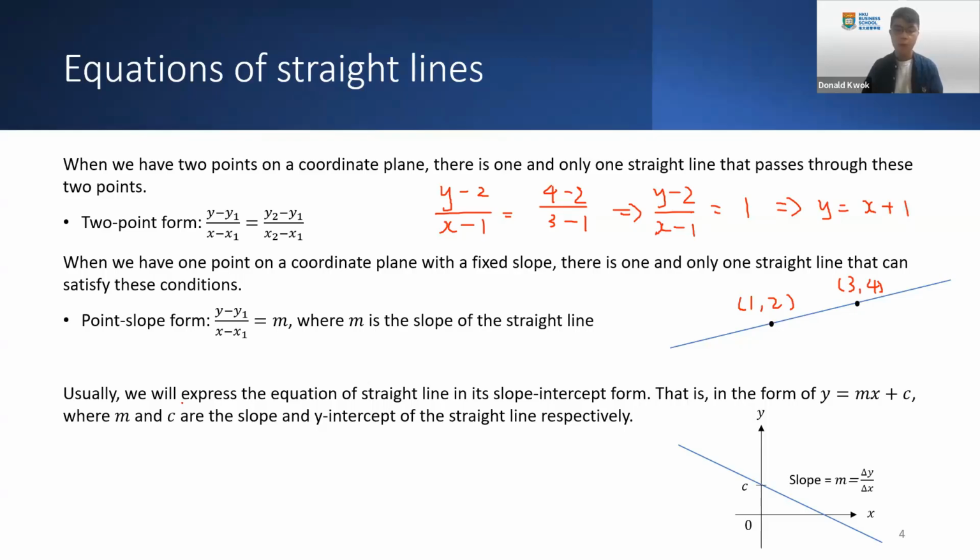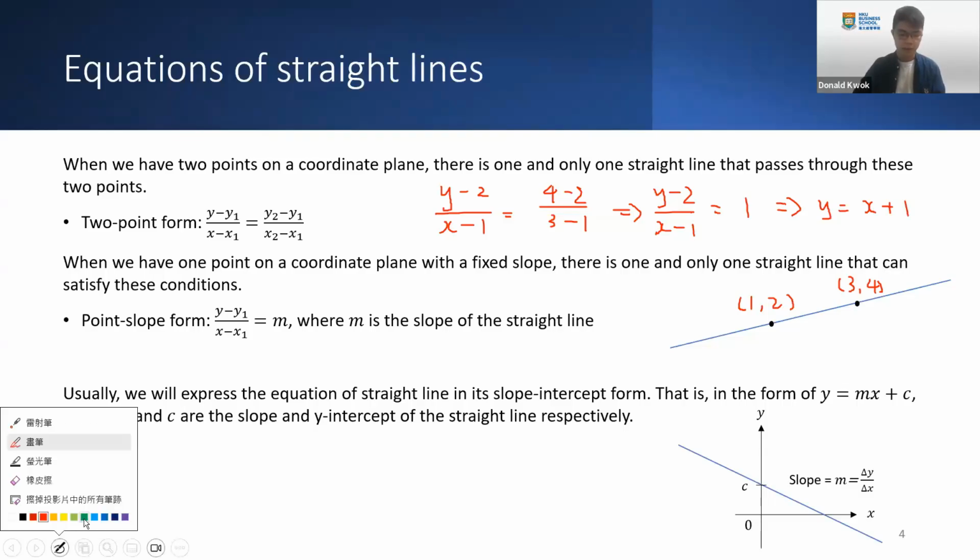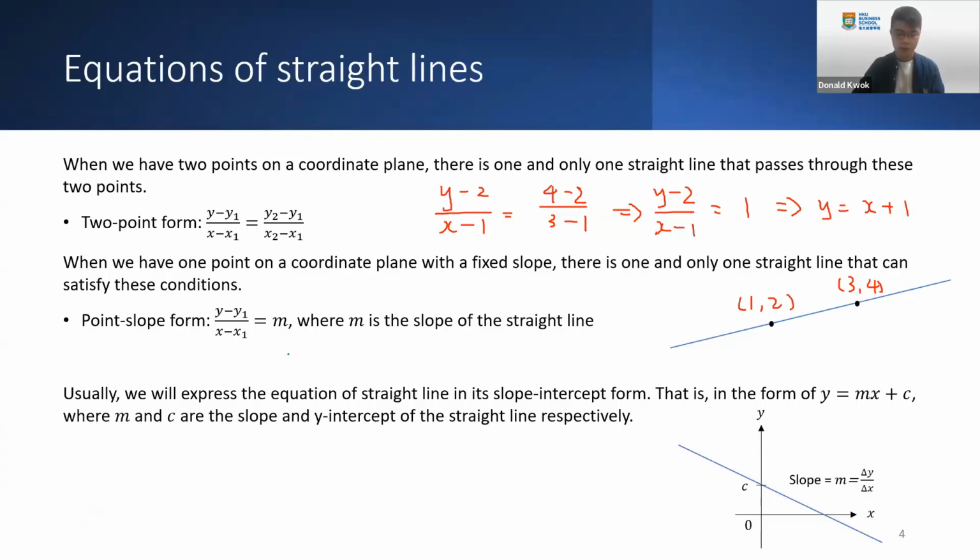Alternatively, if we have 1 point on the coordinate plane and also the slope of the straight line, then we are also able to derive the equation of the straight line. Suppose now we have 1 point on the coordinate plane, (1, 2), and the slope equals 2, for example. How can we write the equation of the straight line?